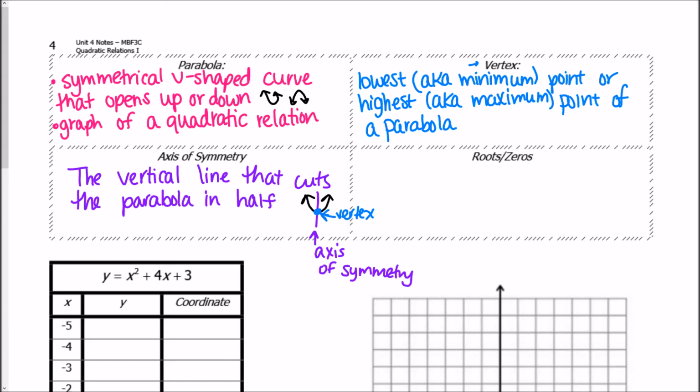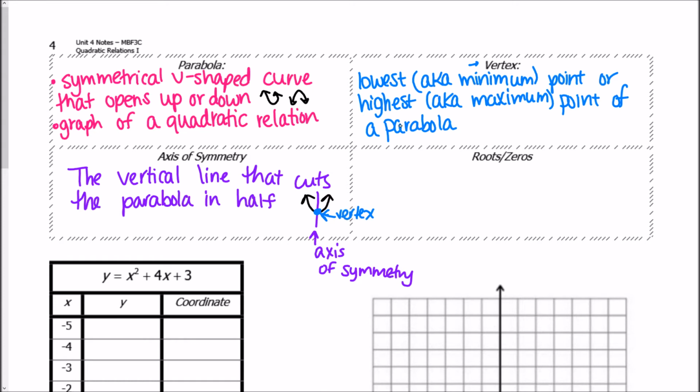The axis of symmetry and the vertex will always occur on top of each other. The axis of symmetry will always go through the vertex, or the vertex will always be on the axis of symmetry. Okay? And then the last thing that we're going to talk about are roots or zeros.